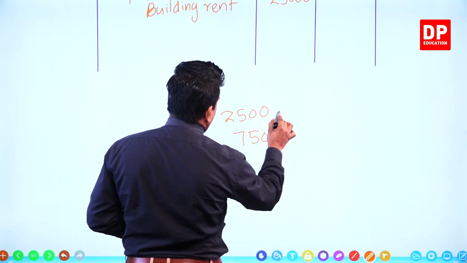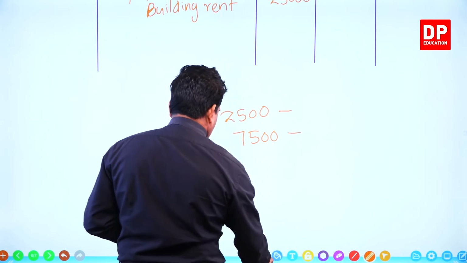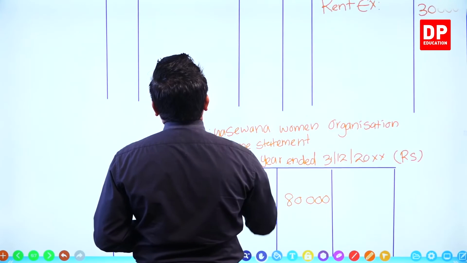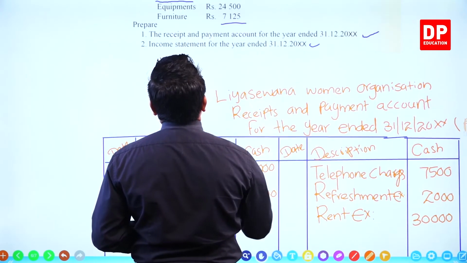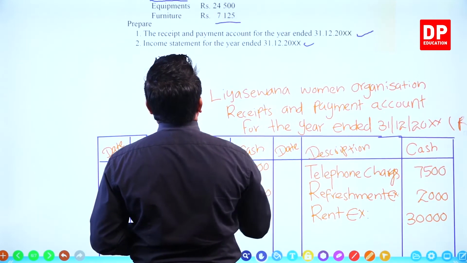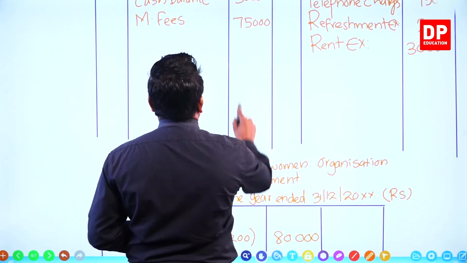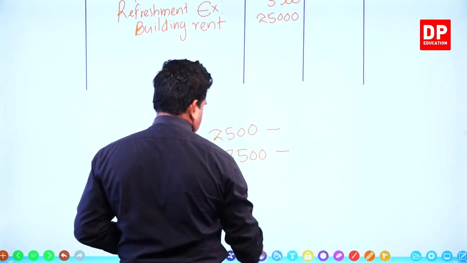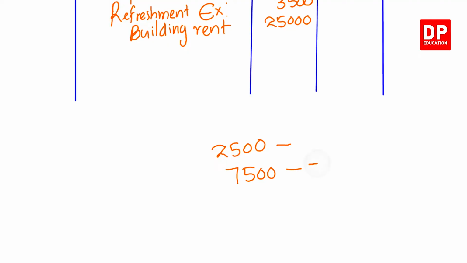But now they say what? At the end, the available balances are 24,500 and 7,125. How much is the difference?